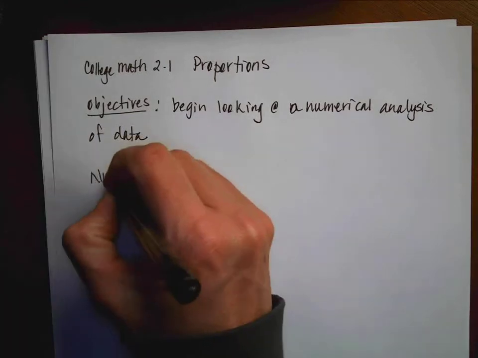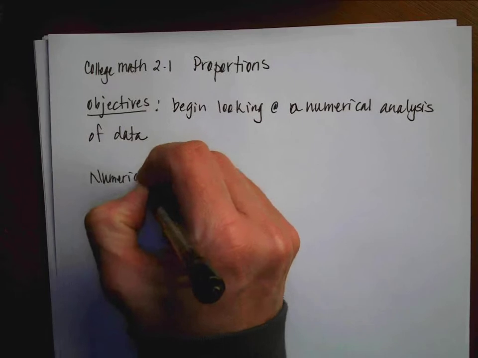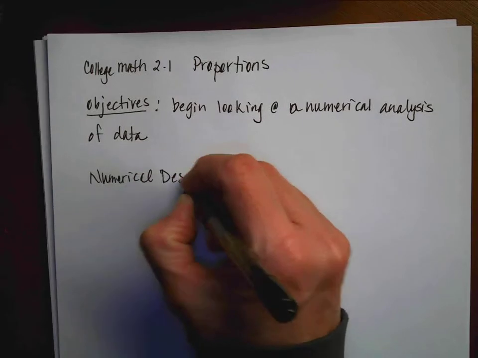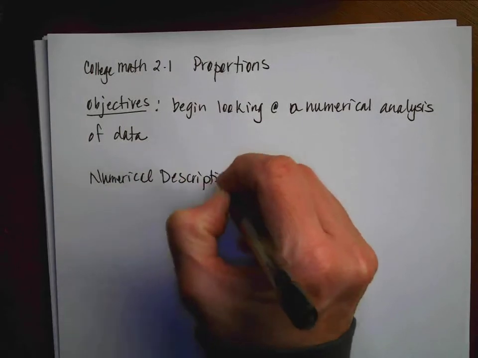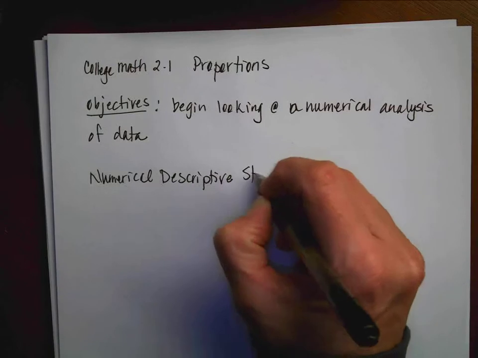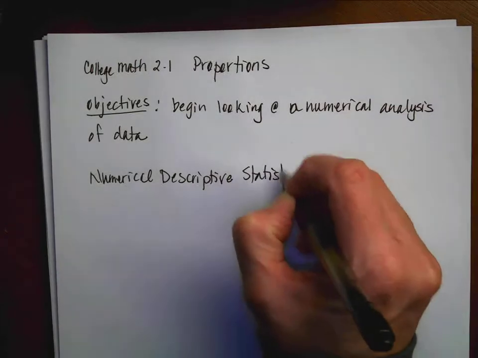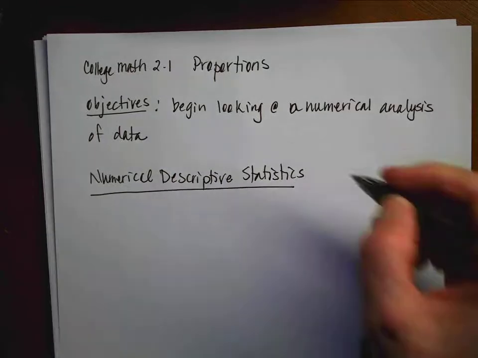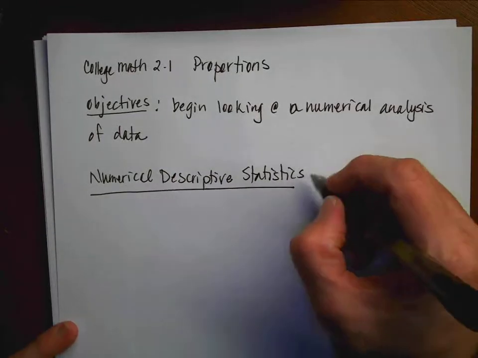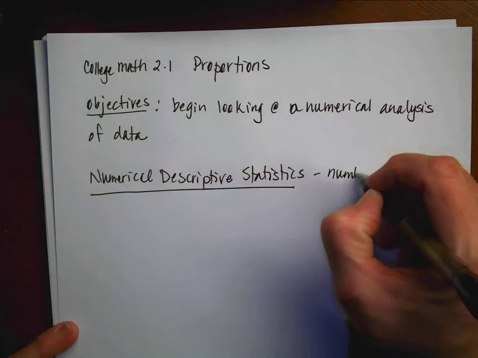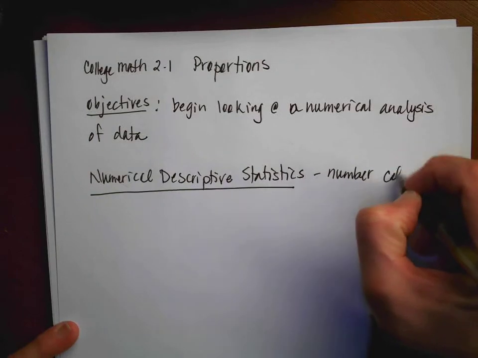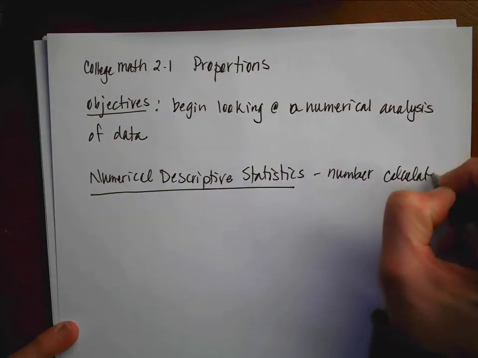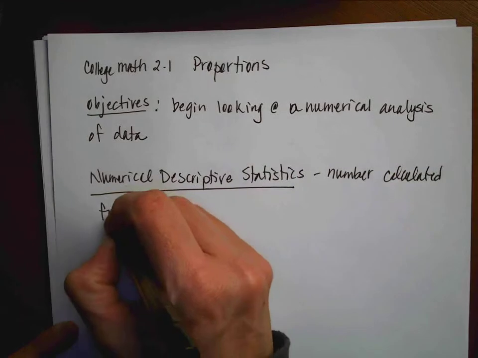So the first thing that we're going to talk about is a numerical descriptive statistic. Sometimes it looks like that's a hard word to spell. So numerical descriptive statistics are numbers that are calculated from the sample.